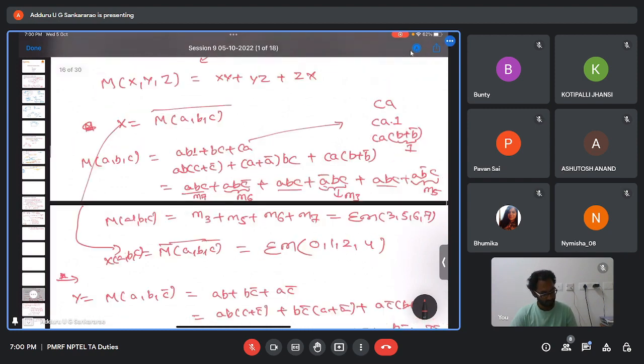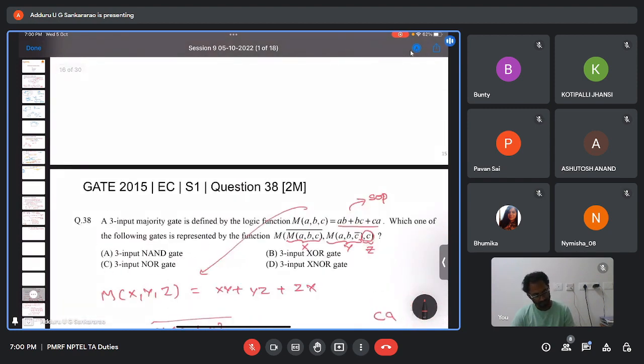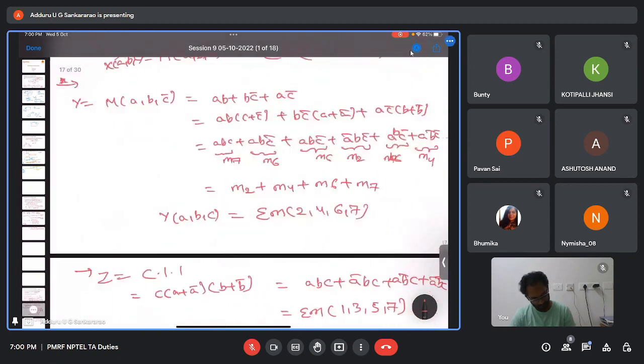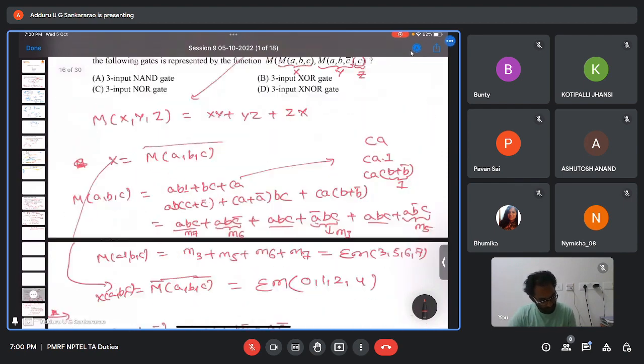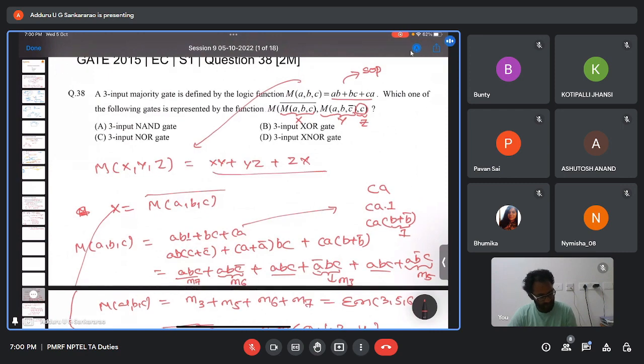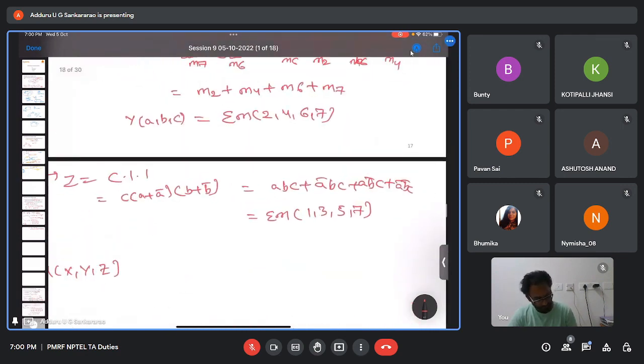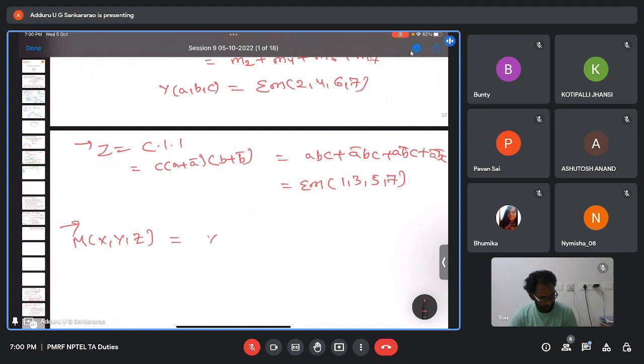What you get here is sigma M of 1, 3, 5, 7. Okay. So finally what I want is M of X, Y, Z. This is what we want, right? Finally, that is nothing but XY plus YZ plus ZX.